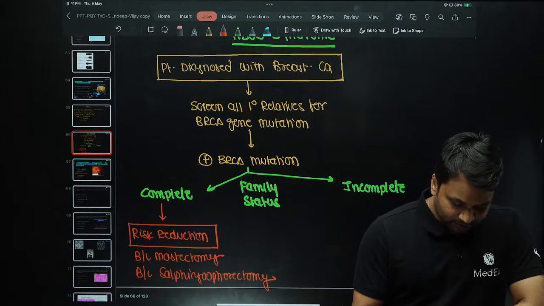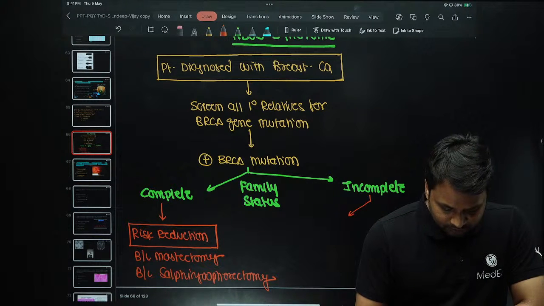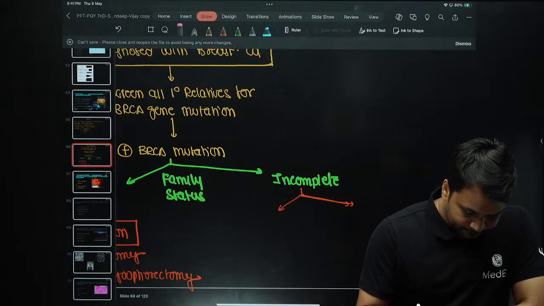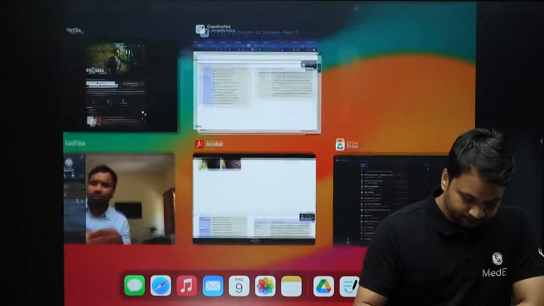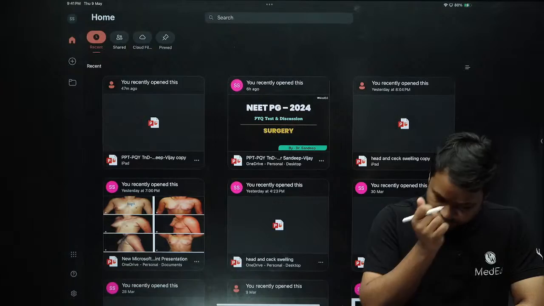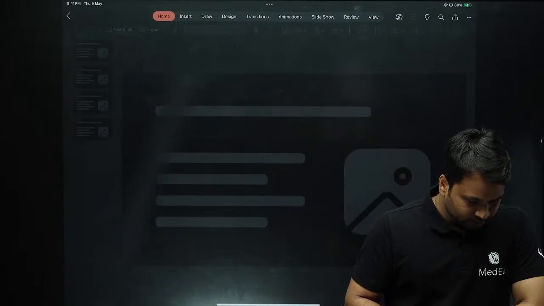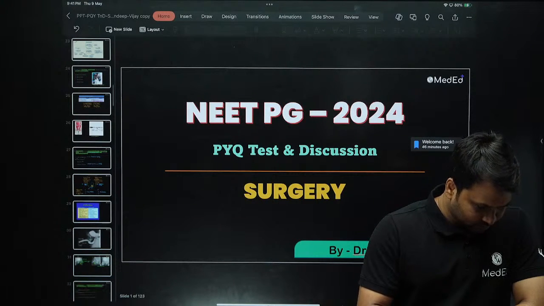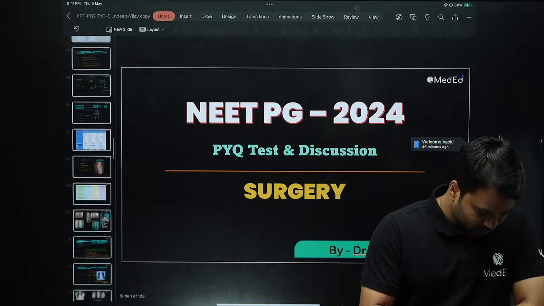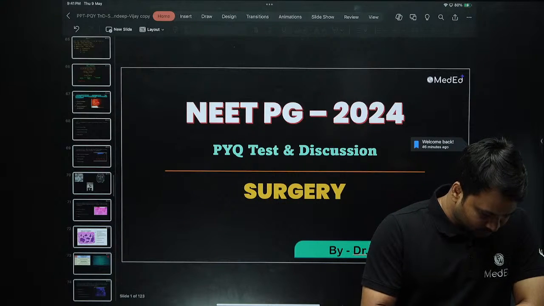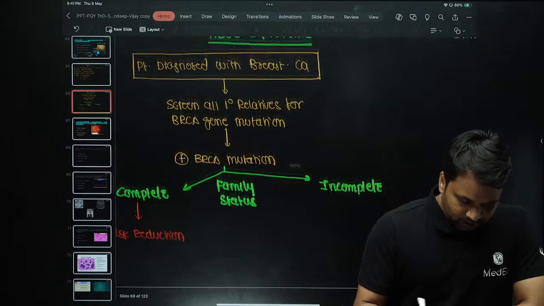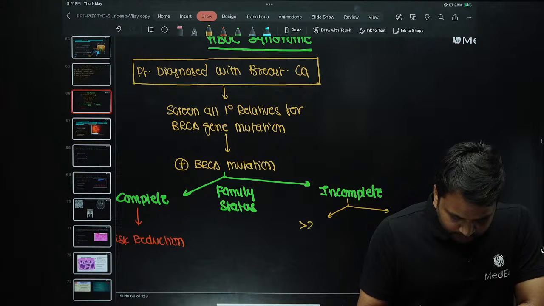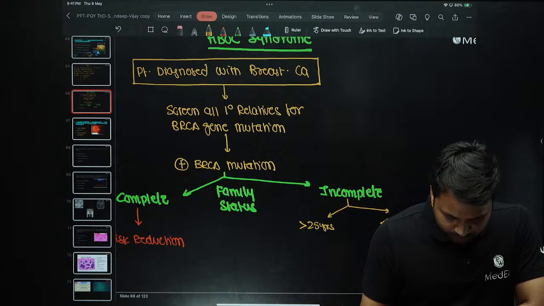Now, if the patient has an incomplete family status, I will see the age of presentation: more than 25 years or less than 25 years.